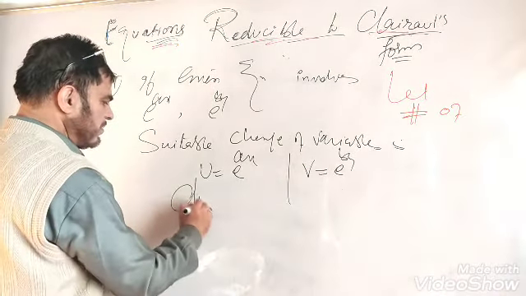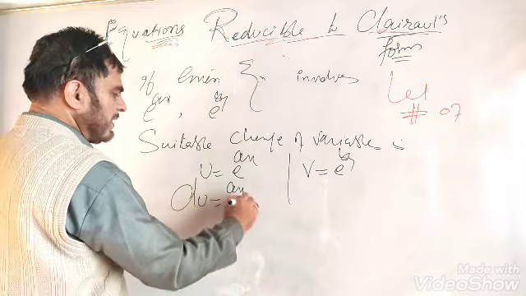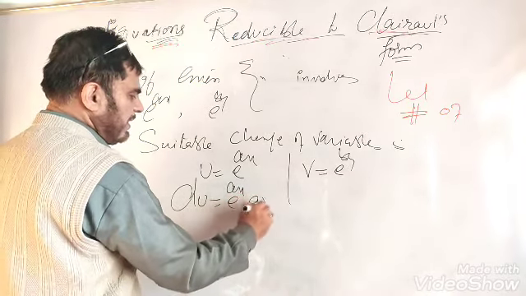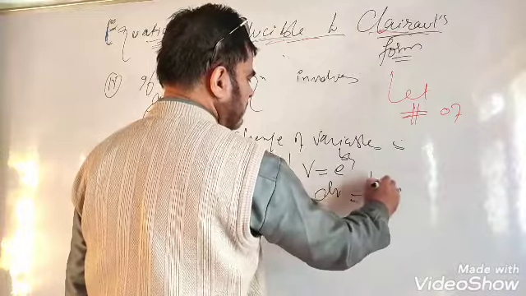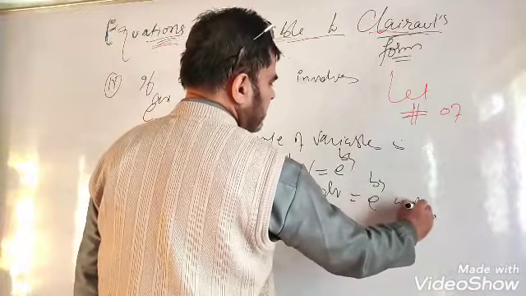Here I will get du is equal to e raised power ax a dx. Here I will get dv is equal to e raised power by b dy.